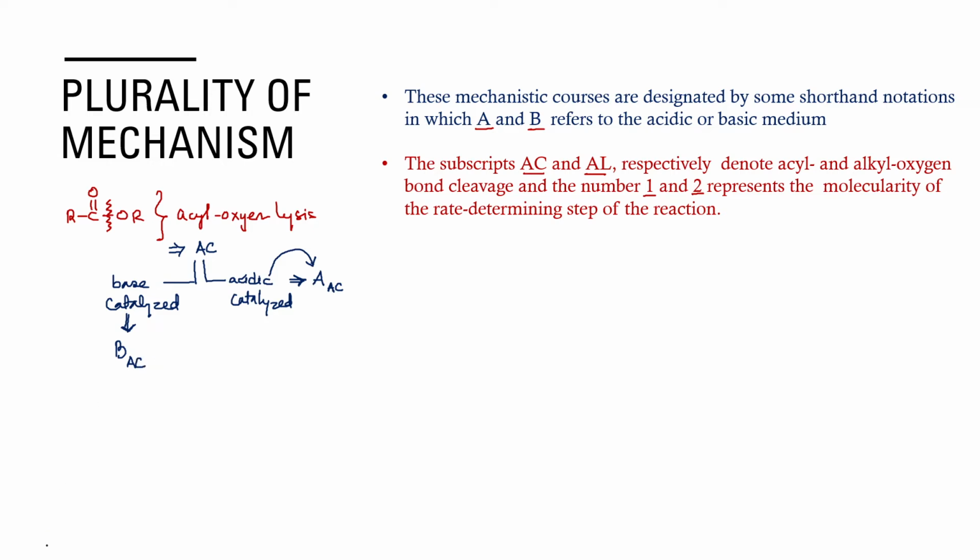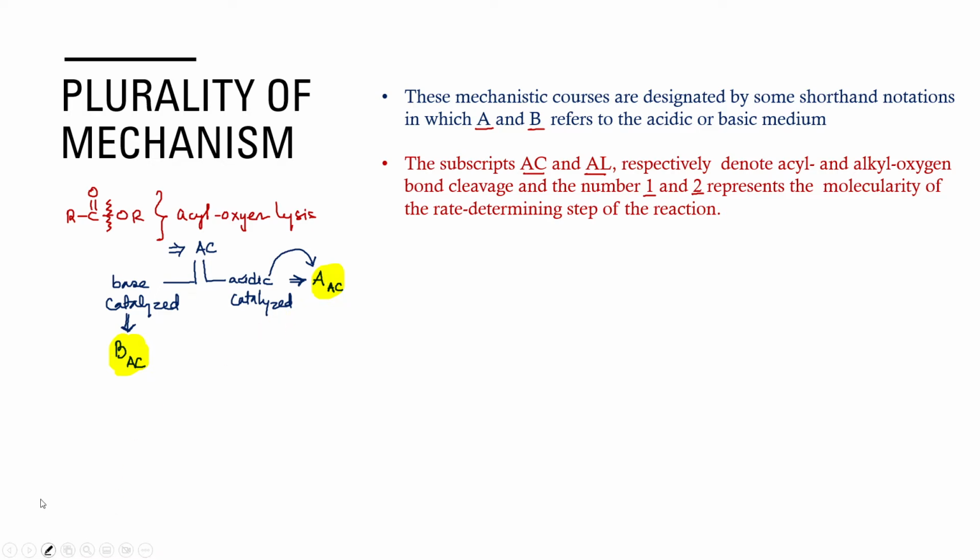Okay, is that clear? Depending on what kind of a medium have I chosen, on the basis of that I will classify the mechanism into two parts. One is BAC and one is AAC.